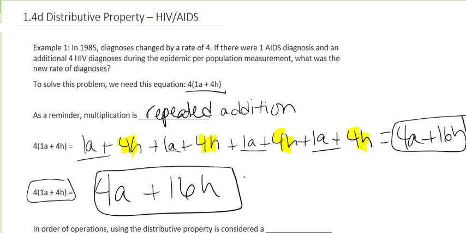So what we did here was we took the 4 and we multiplied it by the first number in the parentheses to get our first number, and then we did 4 times the second number in the parentheses, which is 4h, to give us 4a plus 16h. So this is a very much shortened process than if we added all the terms together. So, as you can see, this is a much shorter way to do and probably the more desired way.